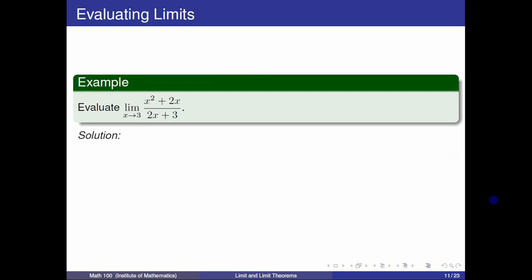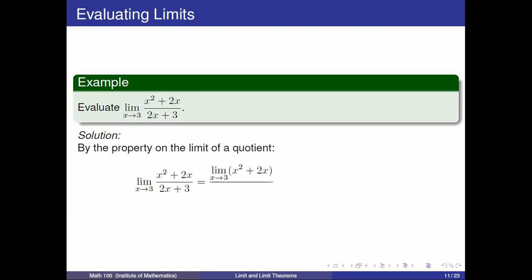Evaluate the limit of x squared plus 2x over 2x plus 3. We have limit of a quotient. Anong sabi ng ating previous theorem? Ang limit ng quotient ay quotient ng limits. So, limit siya ng numerator over limit ng denominator. And then, itong function natin sa numerator at function sa denominator, they are both polynomial functions.